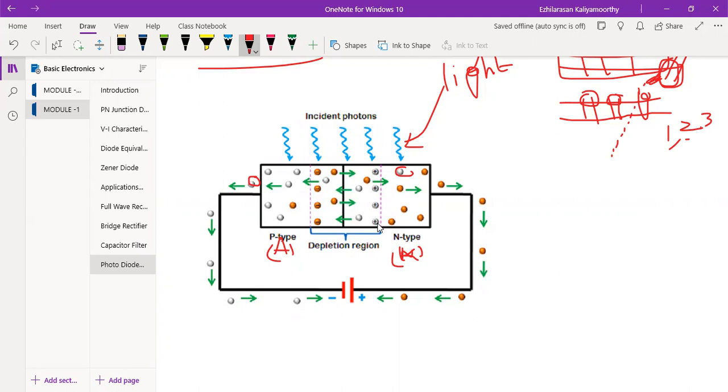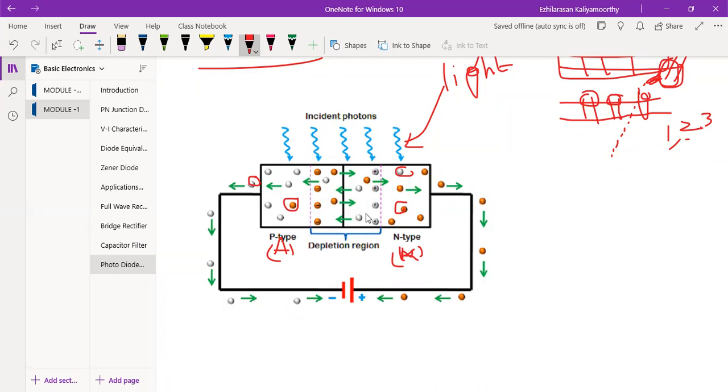The minority carriers generated at the N side and the P side will recombine in the same material before they cross the junction. Slowly they will move, and they will recombine.